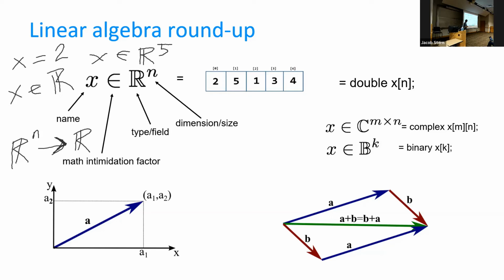A couple of other concepts to cover here. If you see something that's not R, you might see something that looks like a fancy C. That describes complex numbers. And n by n would describe, rather than just having a vector, a matrix of dimensions n by n.